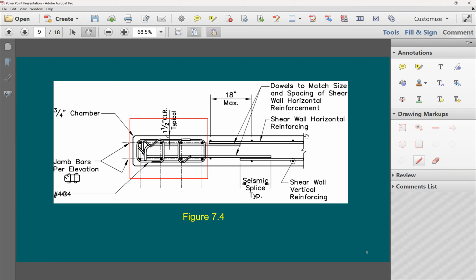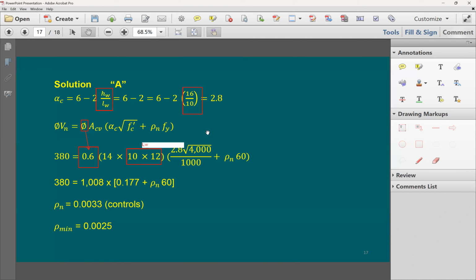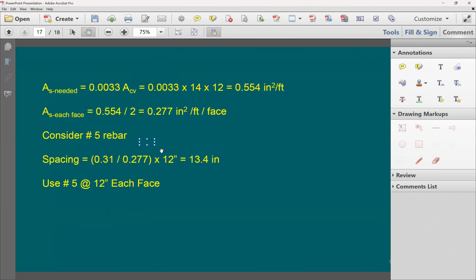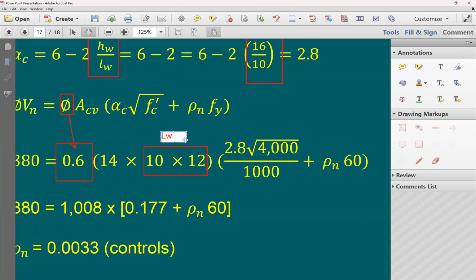The wall length here is 10 feet. So this is going to be the wall length. You multiply by 12 to give you the wall length. So this is going to be L sub w, the entire wall length. Wall thickness, as you see here, is going to be 14 inches.